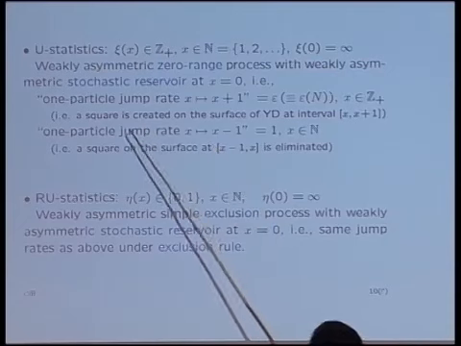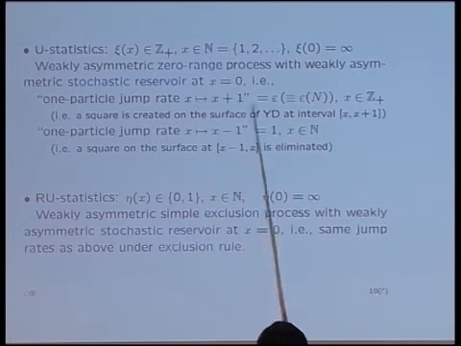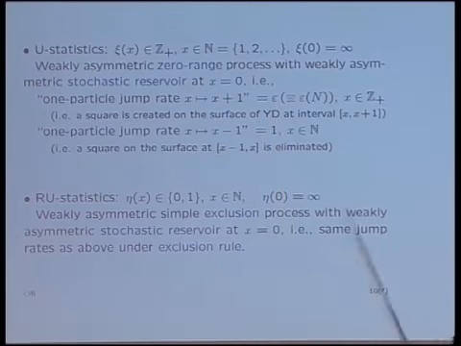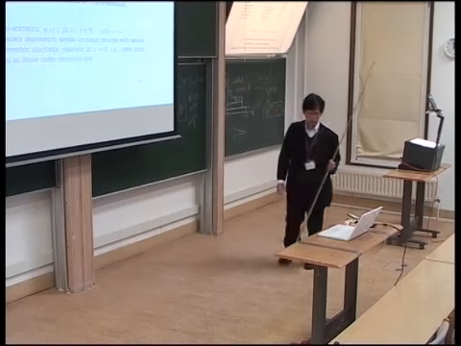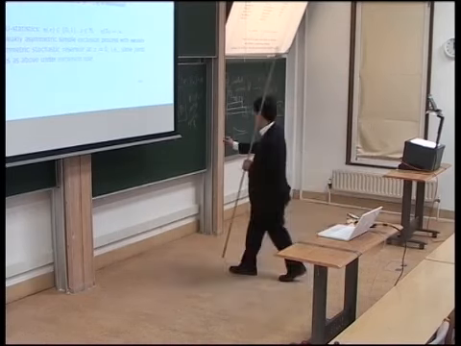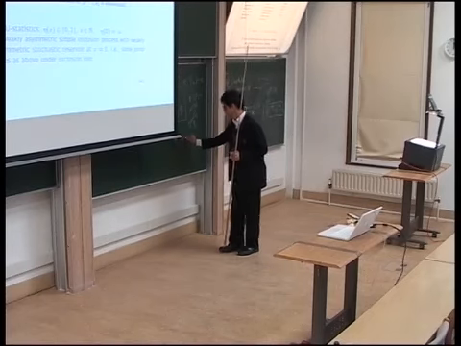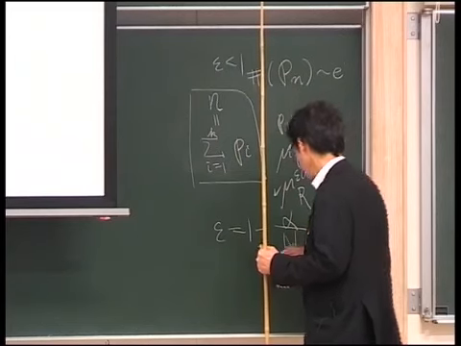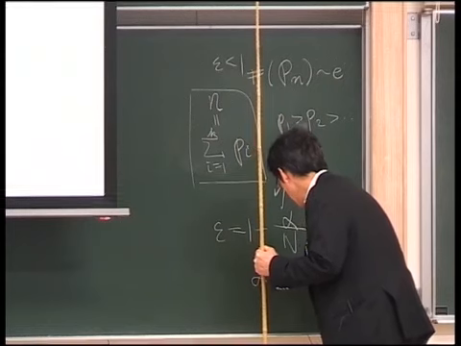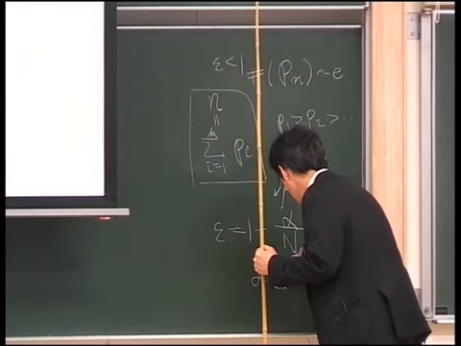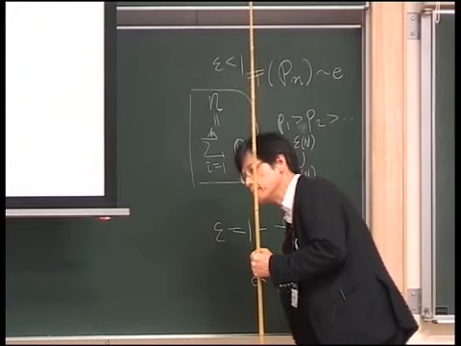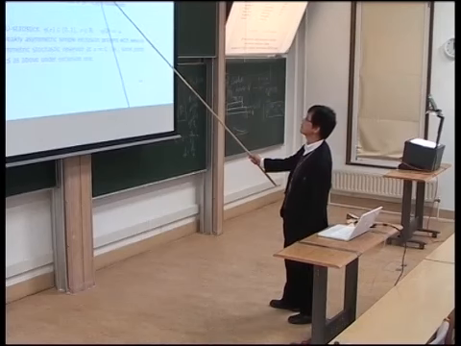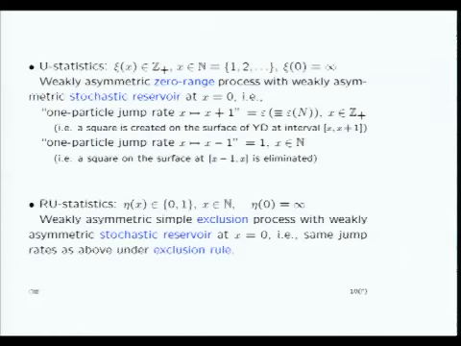So in this case, the jump rate to the right is given by epsilon, which is slightly less than 1, and which behaves like, as I wrote, the Hardy-Ramanujan formula with alpha, where alpha is pi over the square root of 6, something like that. Then the jump rate to the left is given by 1.